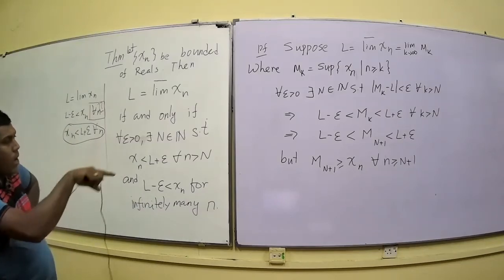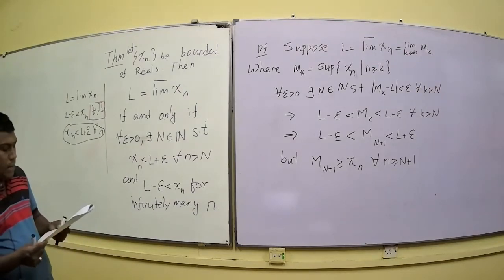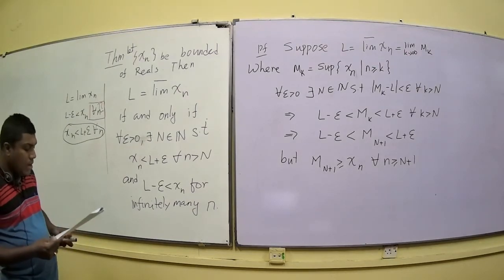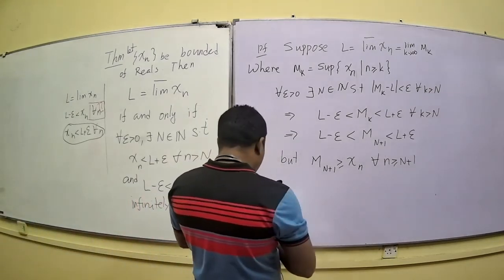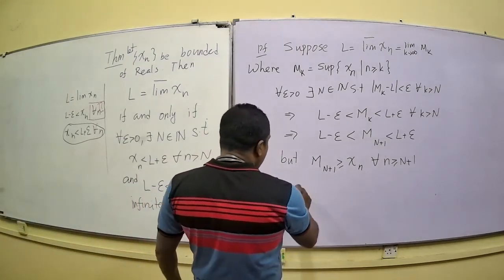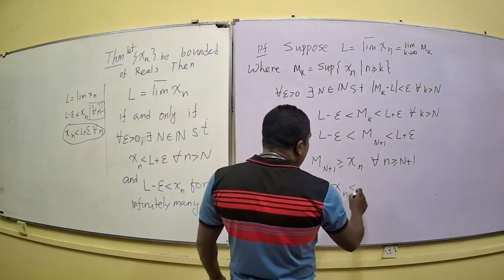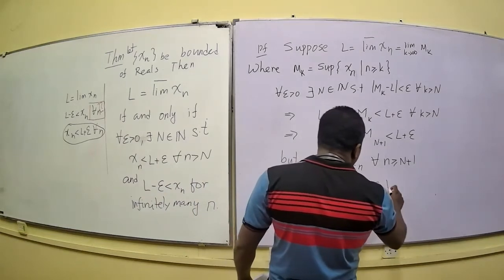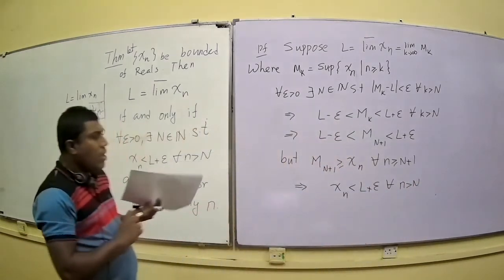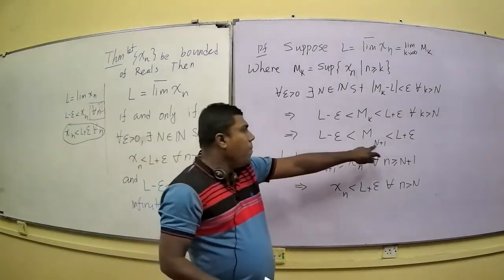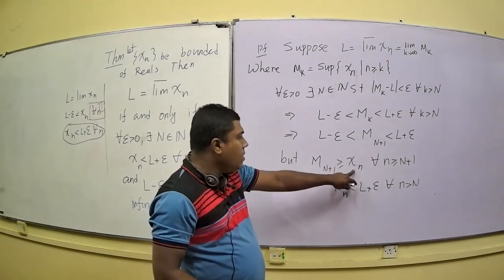So that's why M_{N+1} is bigger or equal to small xn for all n bigger than N. This gives xn less than L plus epsilon for all n bigger than N, because M_{N+1} is less than L plus epsilon, but M_{N+1} is bigger than or equal to xn.